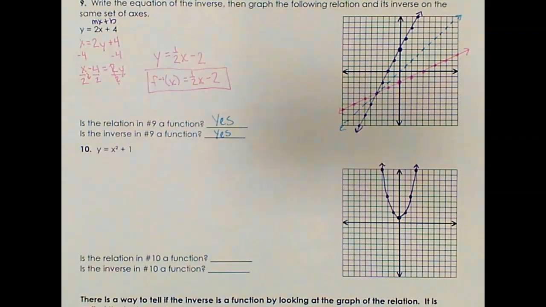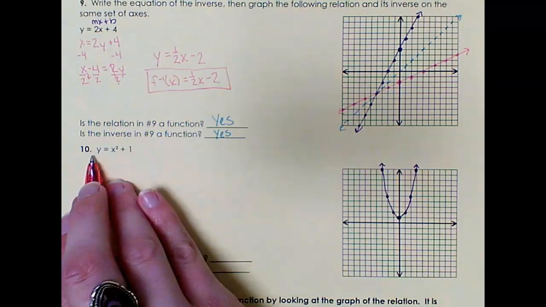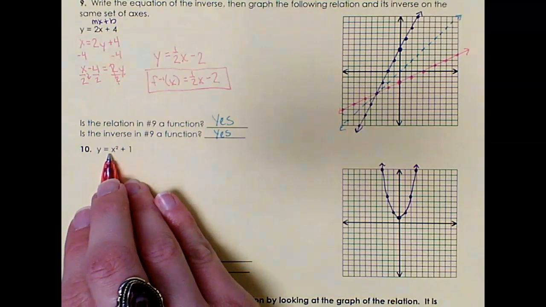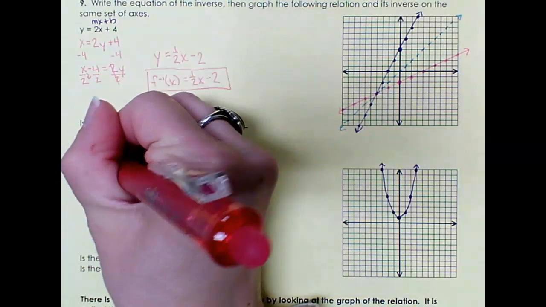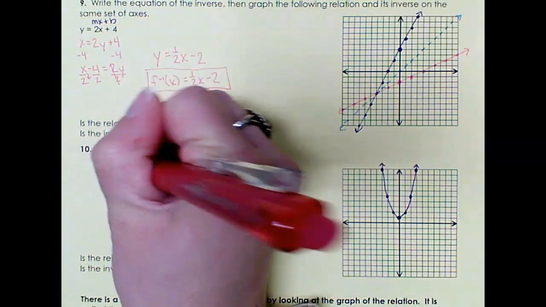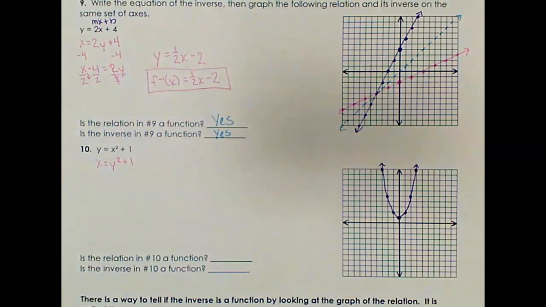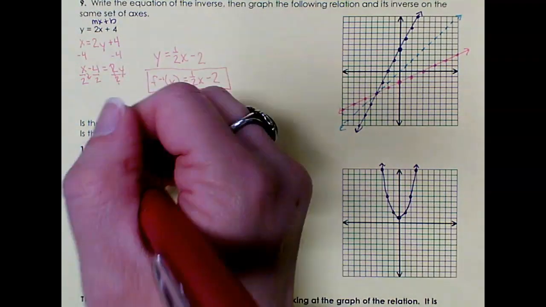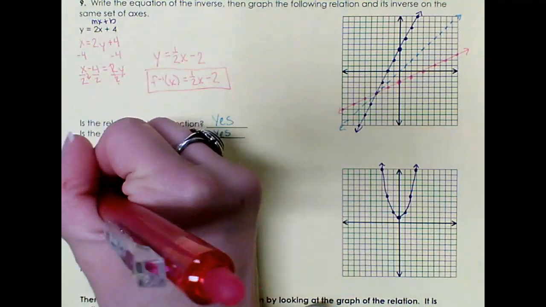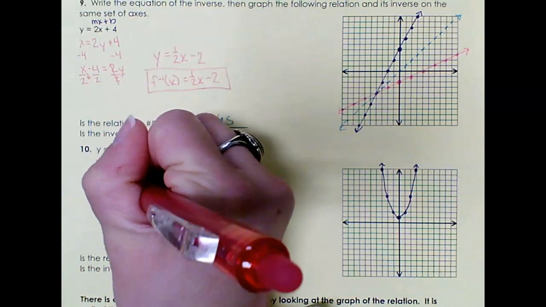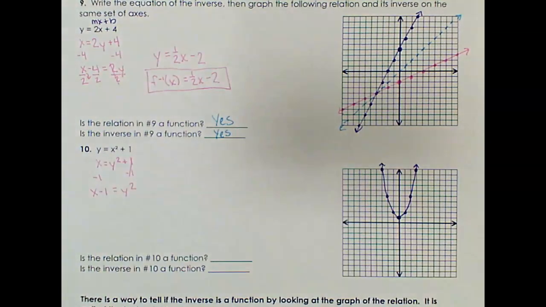Now, if you're going to write the equation of the inverse, what do you do with x and y? You switch. What do you do with the plus 1? You subtract. And how do you unsquare y?